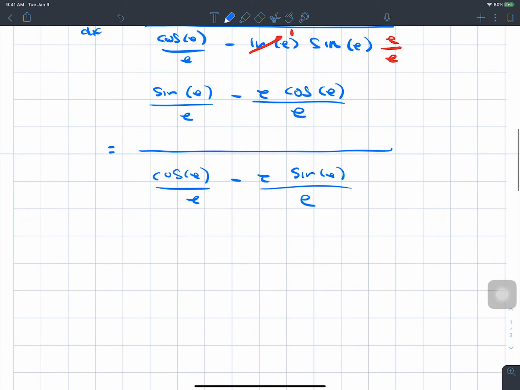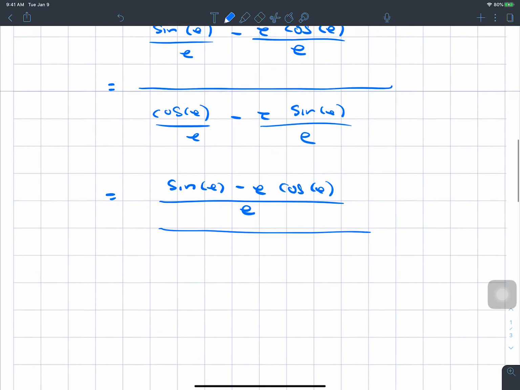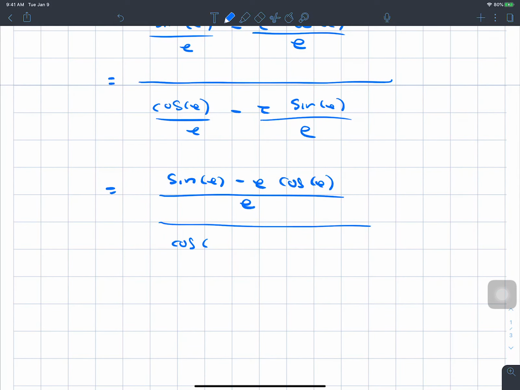And just doing a little bit of algebra here, you'll end up with sine e minus e cosine of e, everything over e, and you get cosine of e minus e sine e over that e.